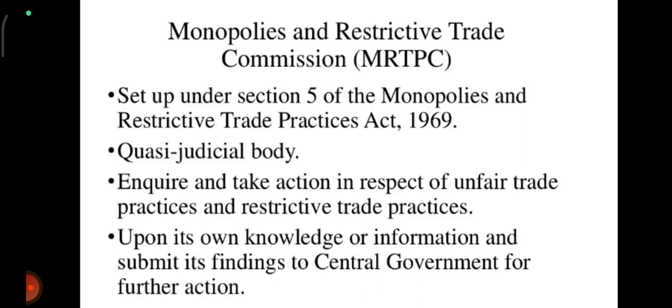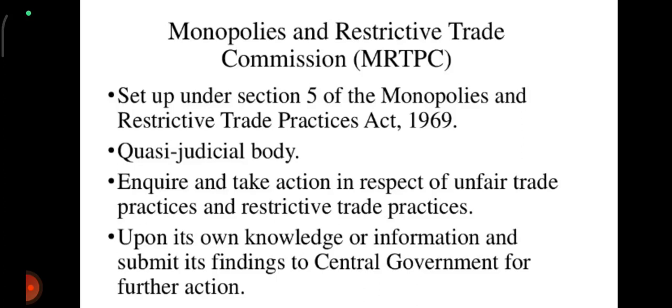Now, the Monopolies and Restrictive Trade Practices Commission, MRTPC. It was set up under Section 5 of the Monopolies and Restrictive Trade Practices Act 1969. It is a quasi-judicial body, which means it acts like a tribunal or a judge.